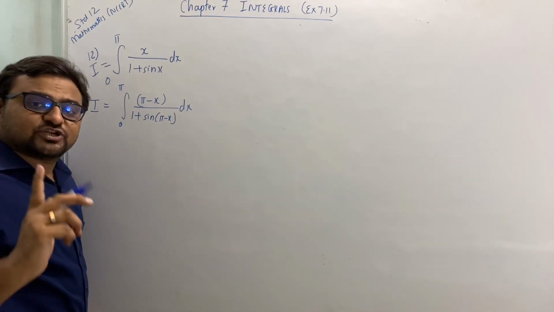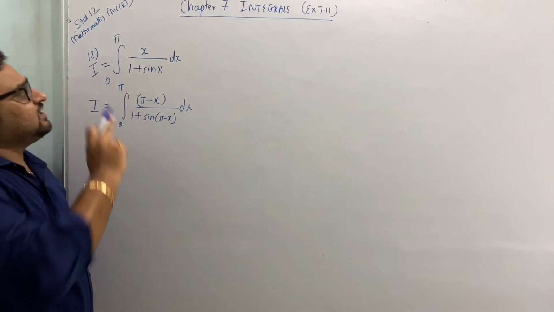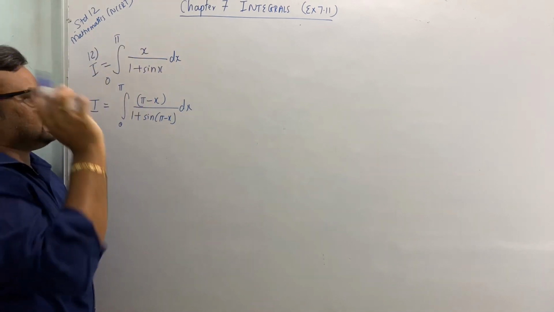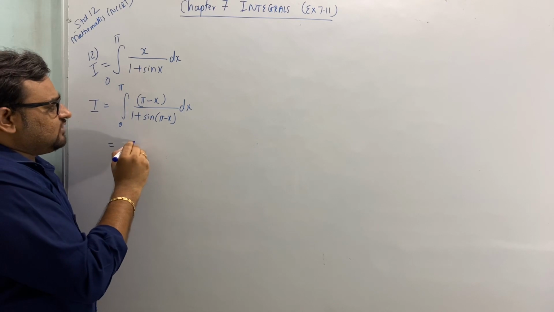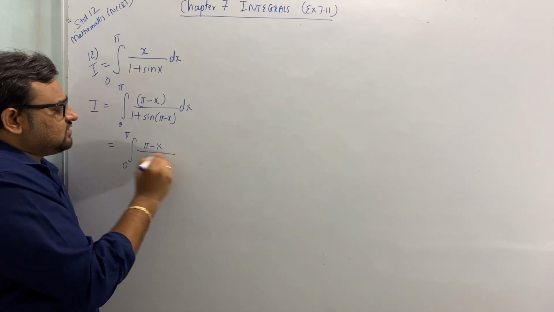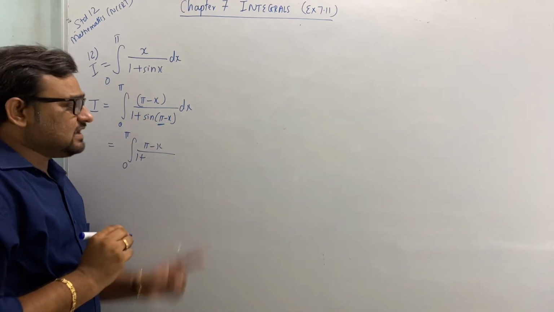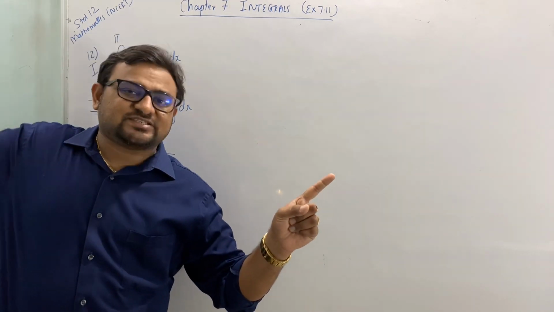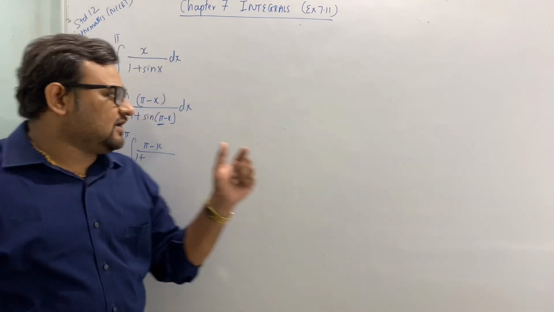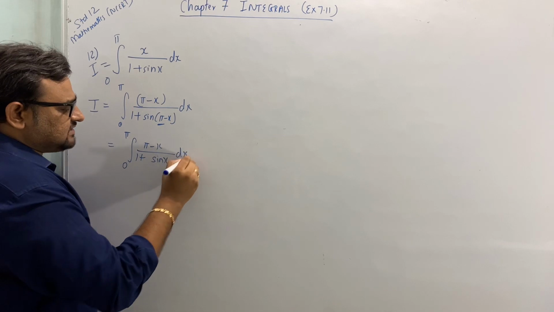I have replaced x with a plus b minus x, so a plus b is 0 plus pi minus x. So pi minus x as it is, 1 plus sine of pi minus x, which is in the second quadrant, where sine is positive, so sine x dx.